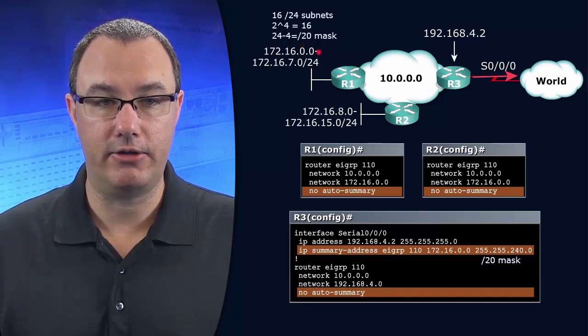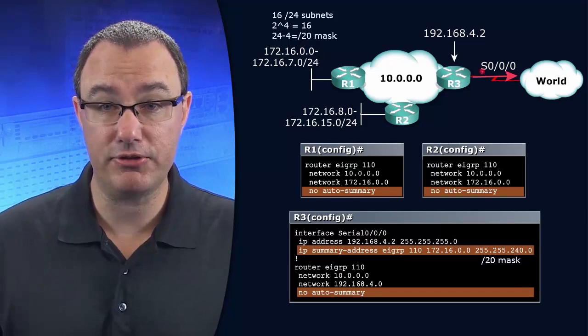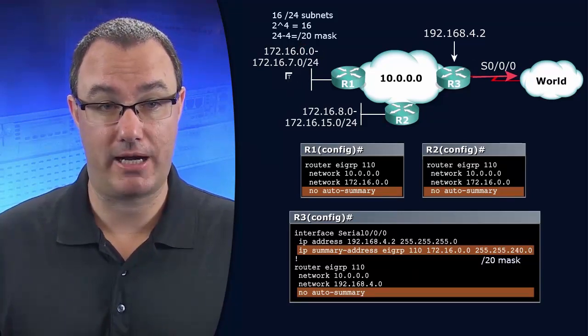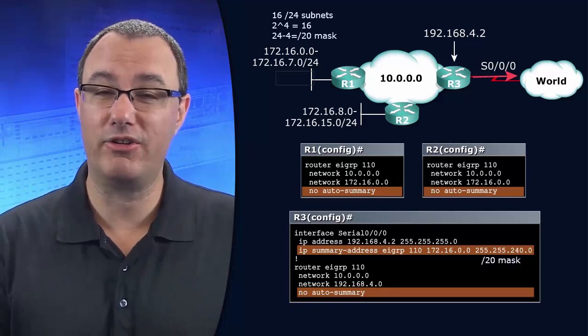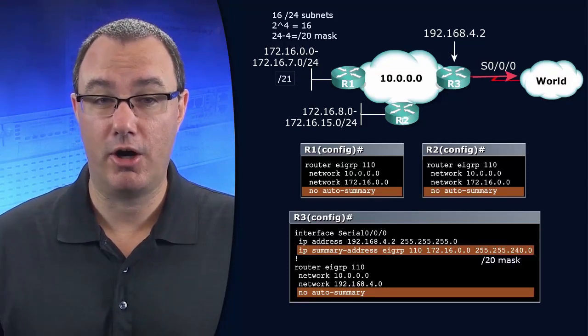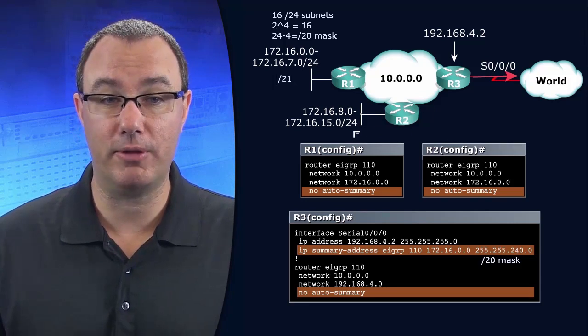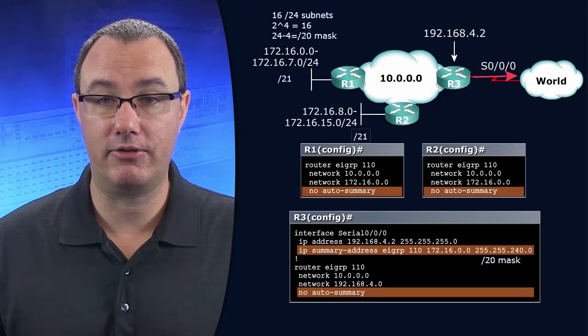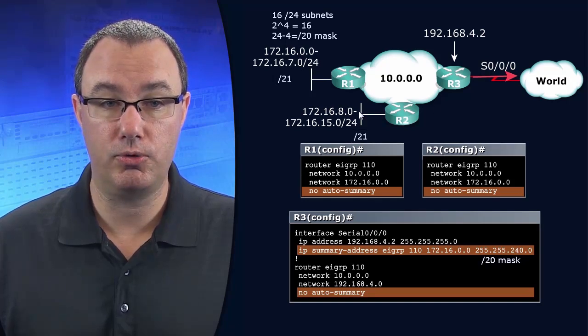So in any case, oh, and by the way, this could have also been a collection of 2 different masks. If you said, well, why doesn't R1 summarize to a /21? Well, it could have. R1 and R2 could have had a perfect summary mask of /21, and we could have advertised 172.16.8.0/21 from R2.